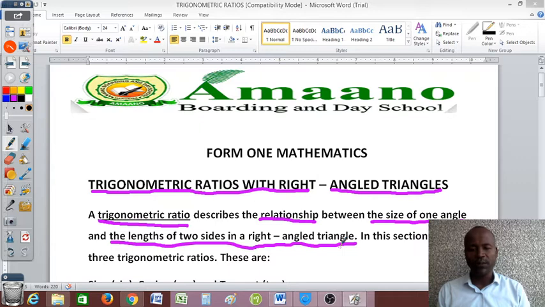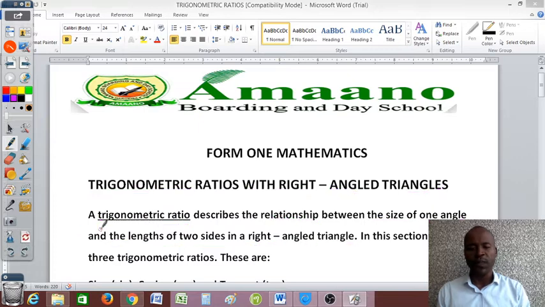It describes the relationship between the size of one angle and the length of two sides in a right-angled triangle. So if we are given a right-angled triangle, the relationship between one of the three angles and two sides of the given right-angled triangle is termed a trigonometric ratio.